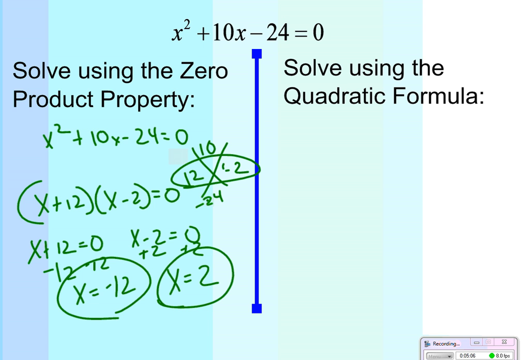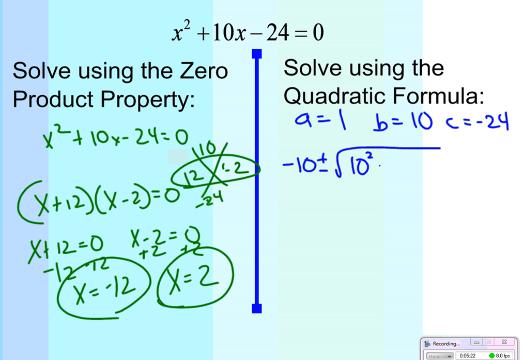Now, hopefully, if I do the quadratic formula the right way, I get the same thing. Here, A will be 1, B will be 10, C will be negative 24. Bring the signs with you. So this becomes negative 10 plus or minus the square root of 10 squared minus 4 times 1 times negative 24, all over 2 times 1.